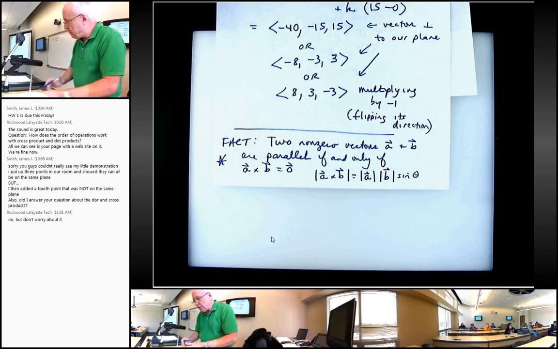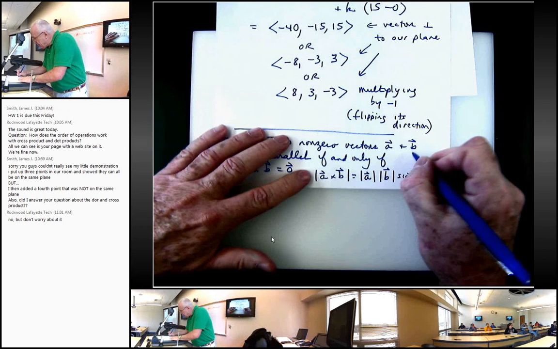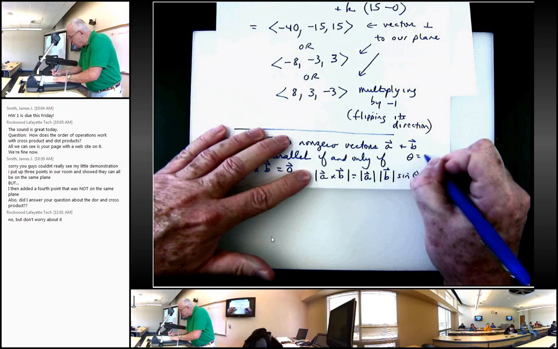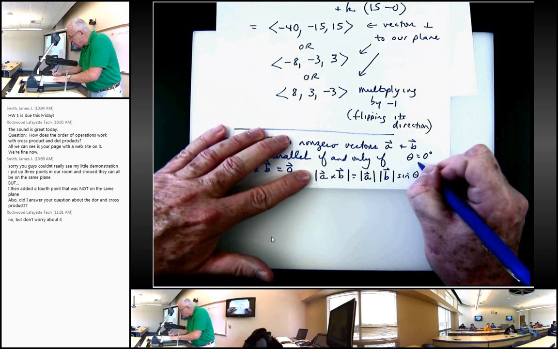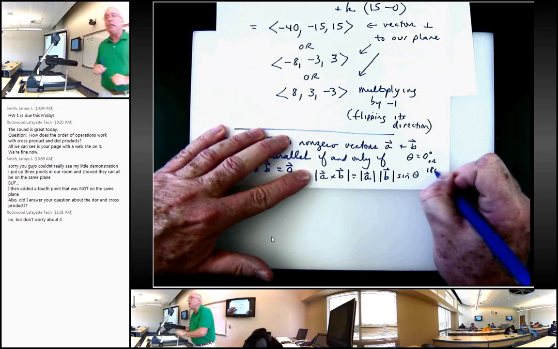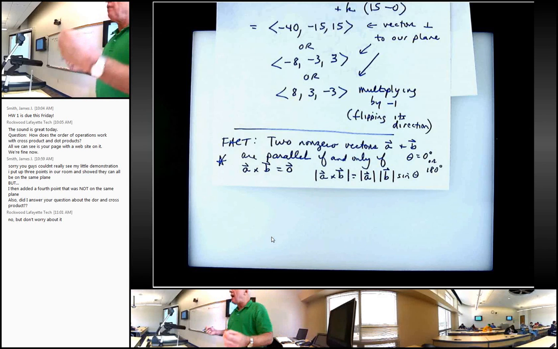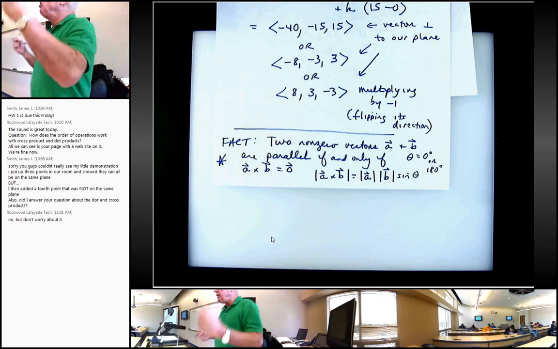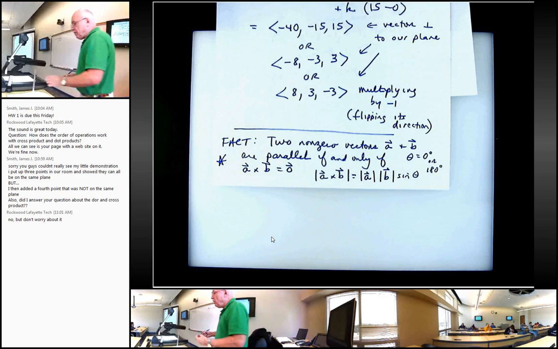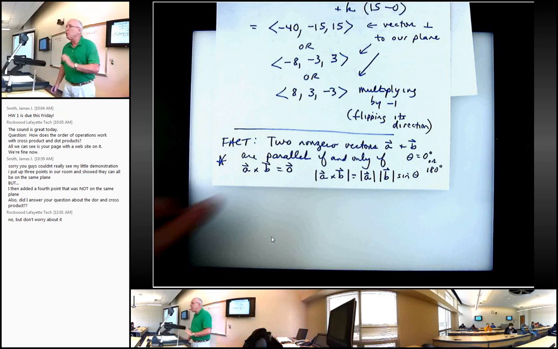So when they're parallel, theta is either 0 degrees or 180 degrees. In either case, the sine of both of those angles is equal to 0. So therefore, their cross product is going to be 0.